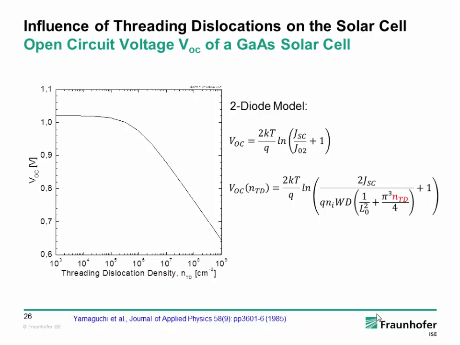For a gallium arsenide solar cell, the open circuit voltage stays more or less stable for a certain dislocation density up to 10 to the 5, but then it drops rapidly because the diffusion length in the material is no longer sufficient and the dark current increases. So the general aim is that we have buffers developed which have a threading dislocation density less than 10 to the 6.